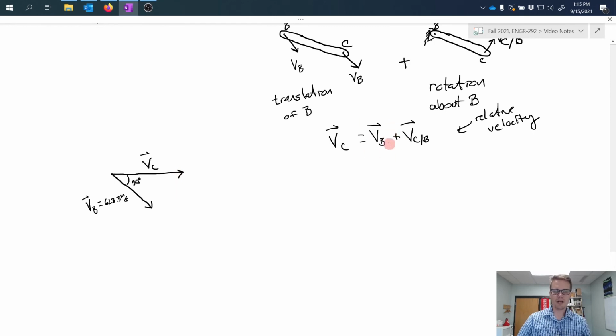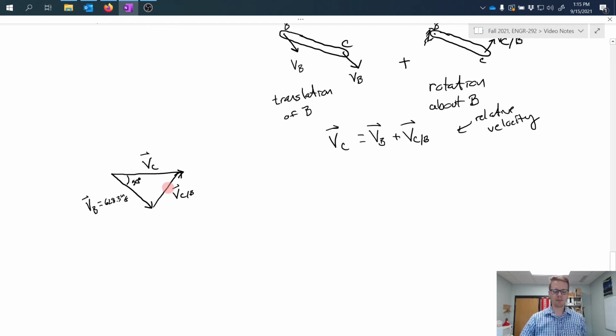Finally, I know that if I add VC/B to VB, I should end up at the same point. So I'm going to draw this line up here and label this VC/B. Now my drawing here isn't to scale. Of course, if I knew enough information and I was doing this carefully, I could draw it to scale and take measurements and solve for vectors that way.